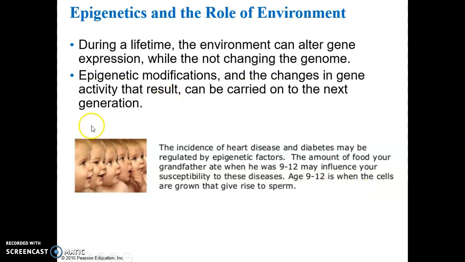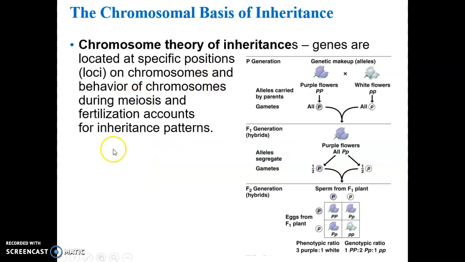So epigenetics is a very interesting field in genetics, but basically the main idea here is that epigenetic modifications due to the environment can alter gene expression in the individual and in the individual's offspring. So this is very different from the very simple genetics we saw with a monohybrid cross in Mendel's peas.